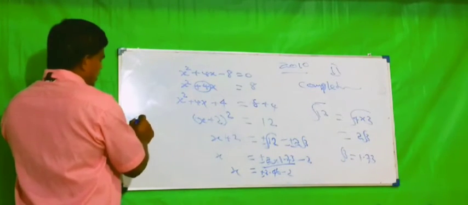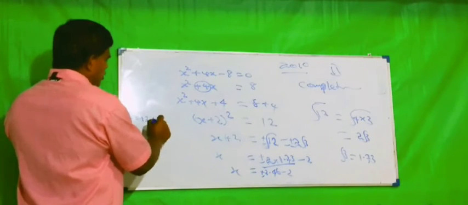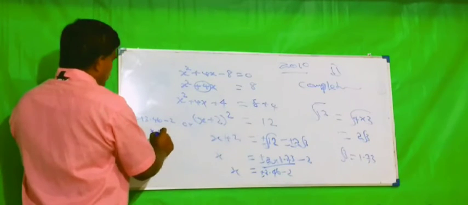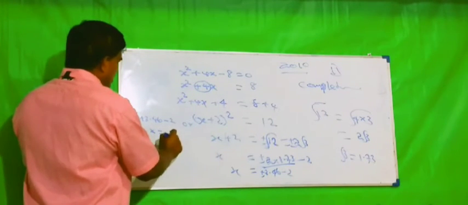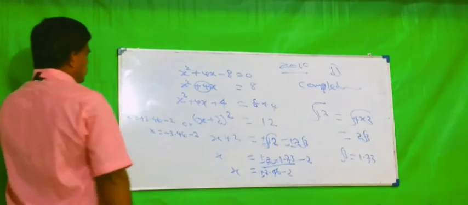x equals plus 3.46 minus 2, or x equals minus 3.46 minus 2.